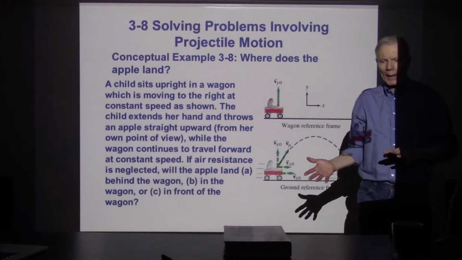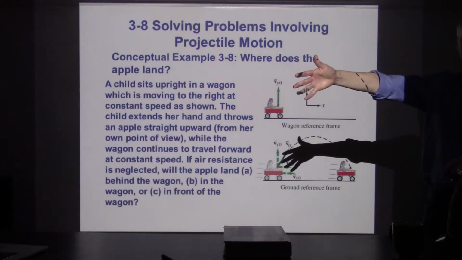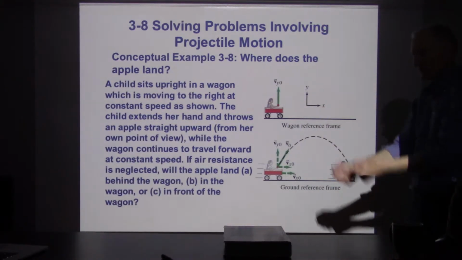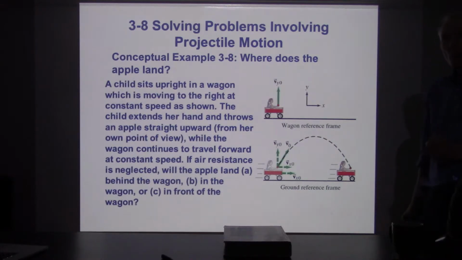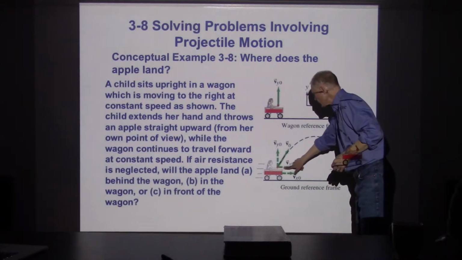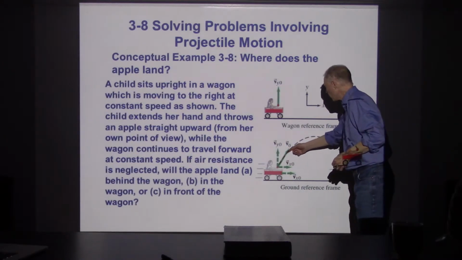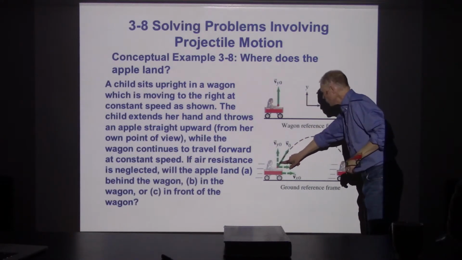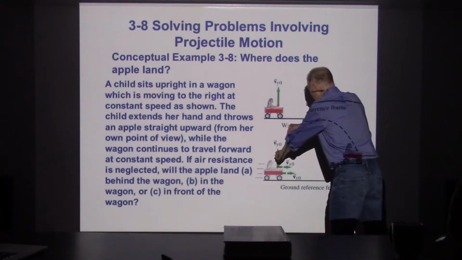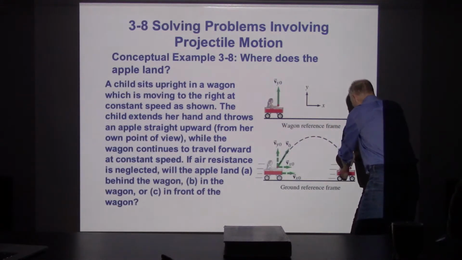The person in the wagon didn't intentionally give it any forward speed. The person in the wagon just threw it upwards, same as they were throwing it before when the wagon was at rest. But now, because of the motion of the wagon, the projectile, the ball, will have that forward motion, and it's just going to stay right above the wagon all the way over to here.